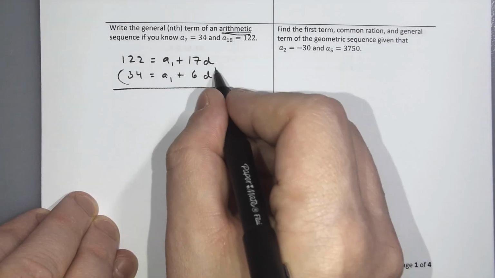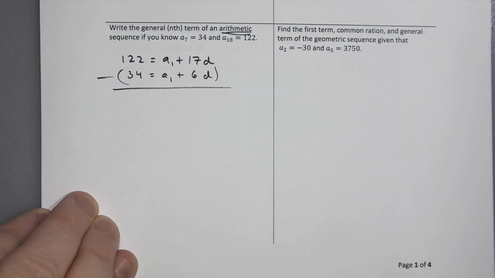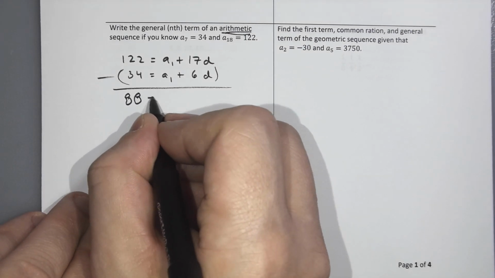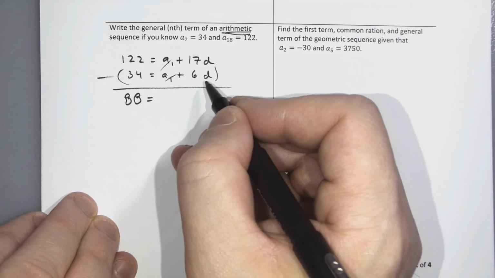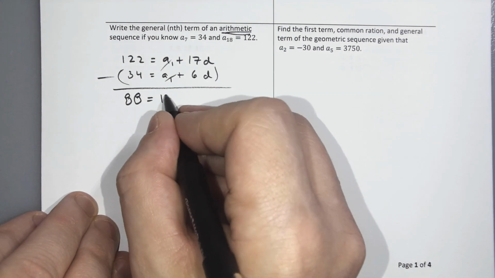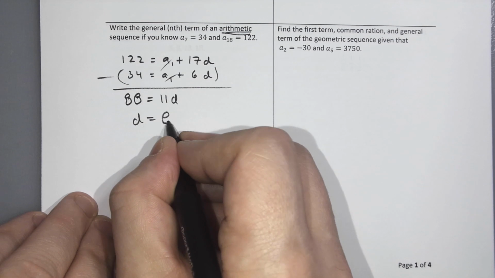So if I were to subtract these, 122 minus 34 is about 88, I think. 88 equals 17 minus 6, which is 11d, so d equals 8.